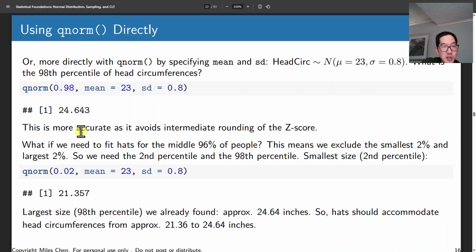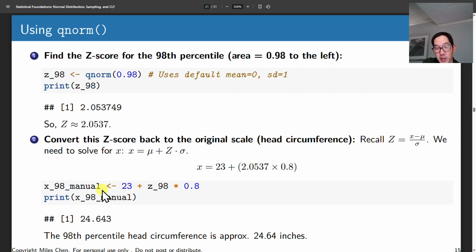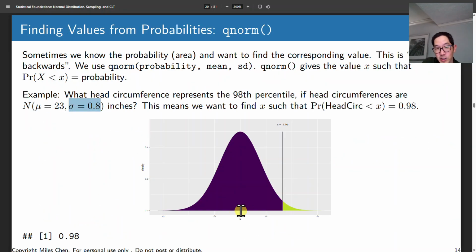So we can do this using qnorm. We can do qnorm of 0.02, where the mean is 23 and the standard deviation is 0.8, and we'll get 21.357. Again, we could have just used a little bit of math to figure this out as well, because the normal distribution is symmetric and our center is at 23.